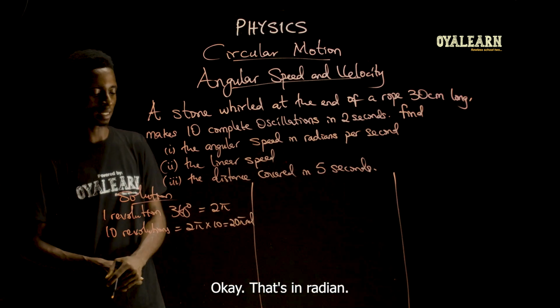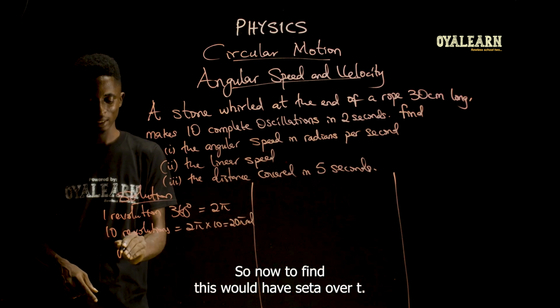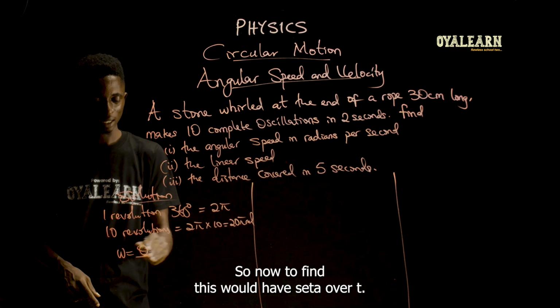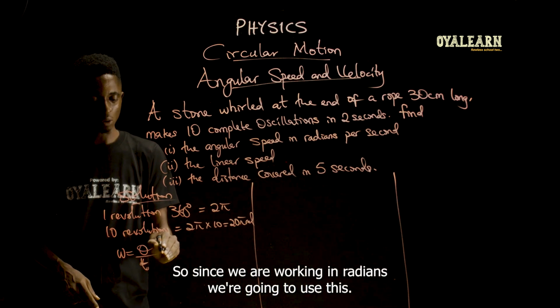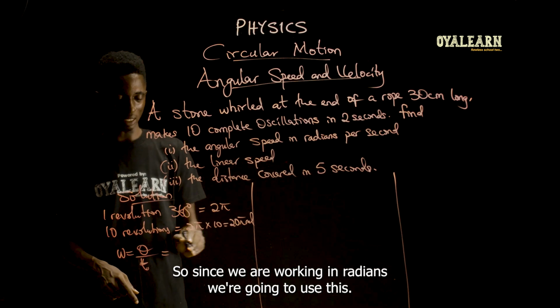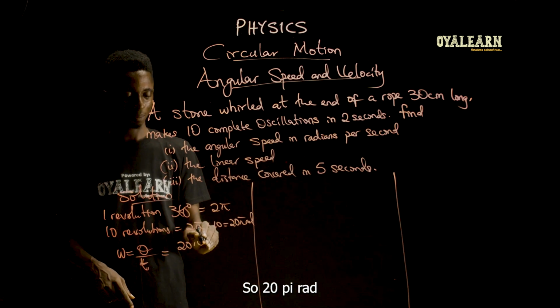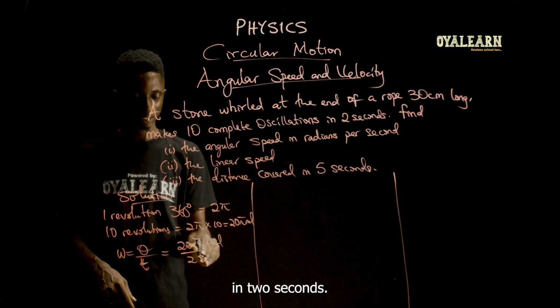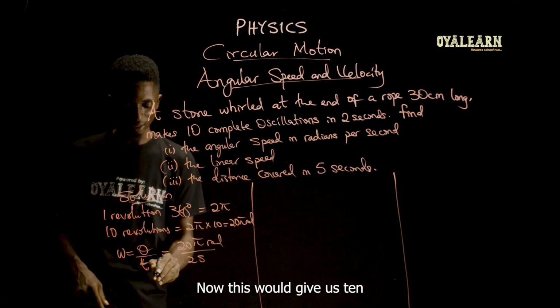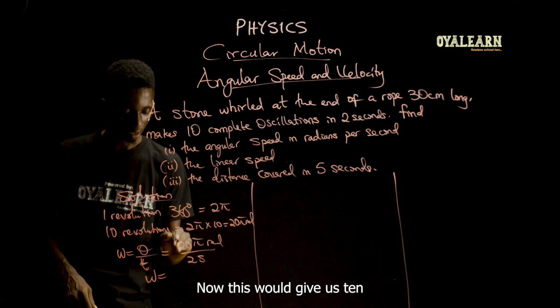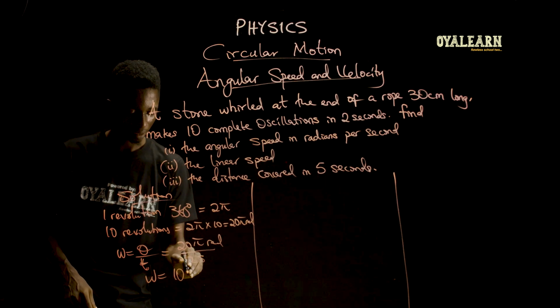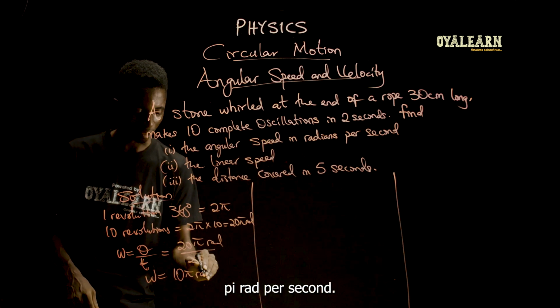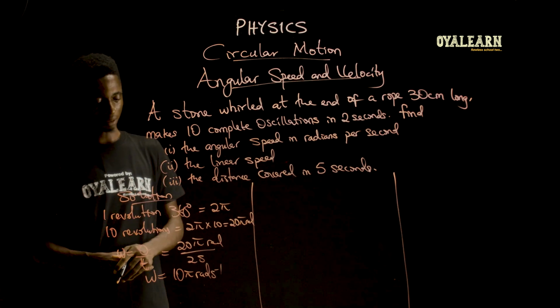That's in radian. Now to find this, we would have theta over t. Since we are working in radians, we're going to use this. So 20 pi rad in 2 seconds. Now this would give us 10 pi rad per second.